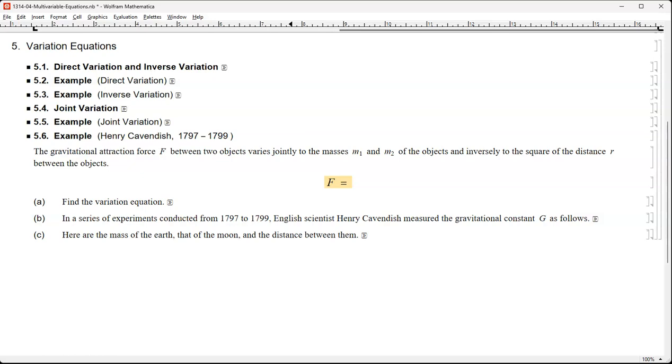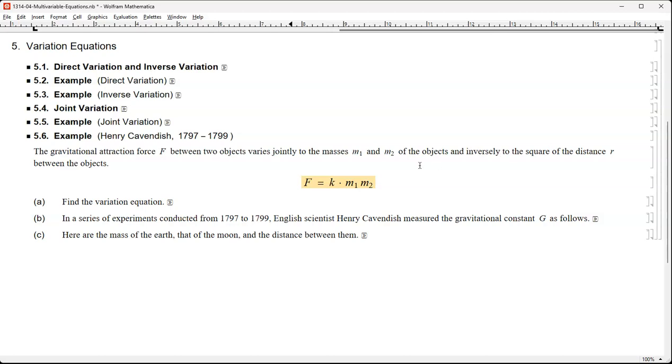So proportional constant k times m1 times m2. These are direct variations. It says varies jointly, and does not specify whether it's direct or inverse. That means it's direct variation. If it is inverse variation, it must be specified.